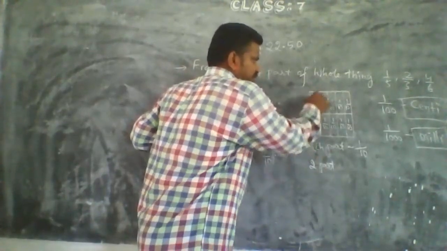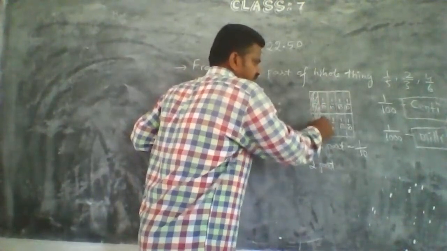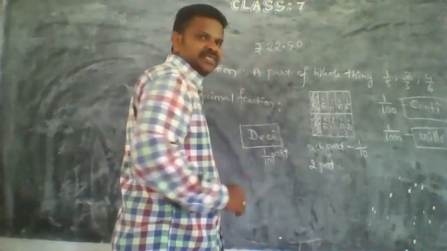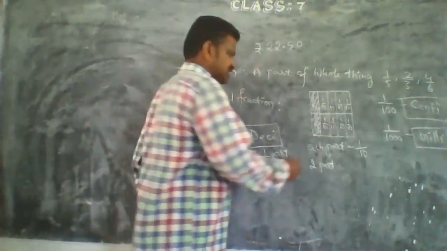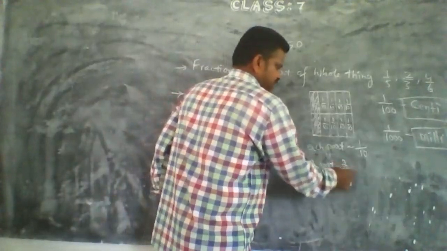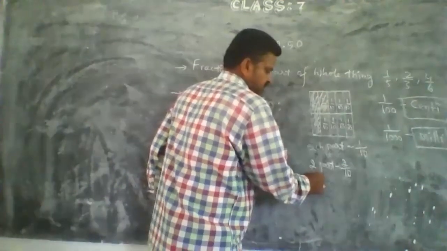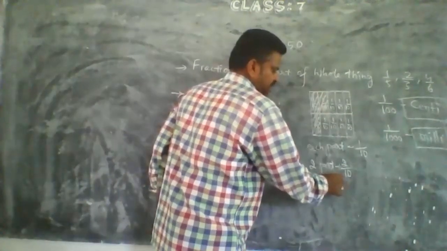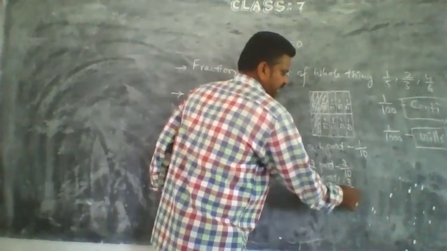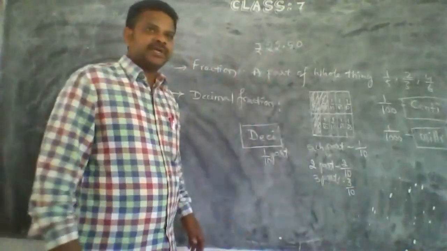If I shade two parts here, it is 2/10. If I shade three parts out of 10 parts, that can be represented by 3/10.